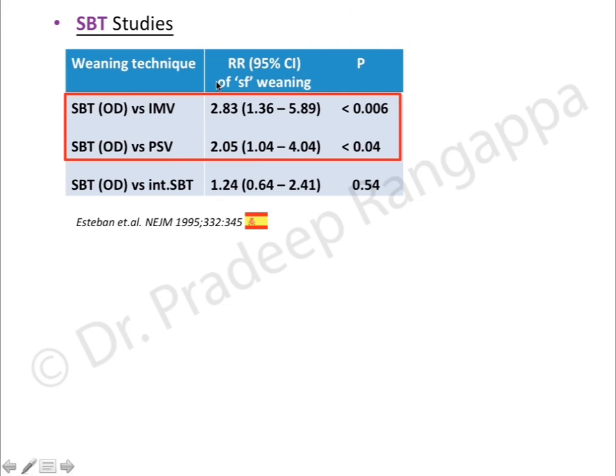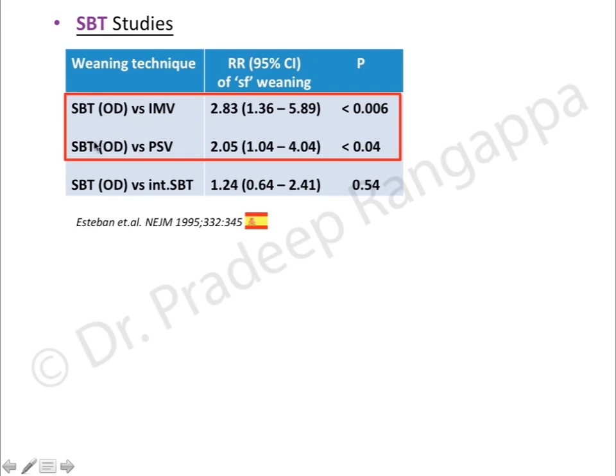As you see, they are all old studies, which started from 1995, and subsequently there have been multiple studies. This was a Spanish study where they compared spontaneous breathing trial once a day with intermittent mandatory ventilation, and they found that the relative risk of successful weaning was much better. The weaning happened much better when patients received spontaneous breathing trials once a day as opposed to intermittent mandatory ventilation.